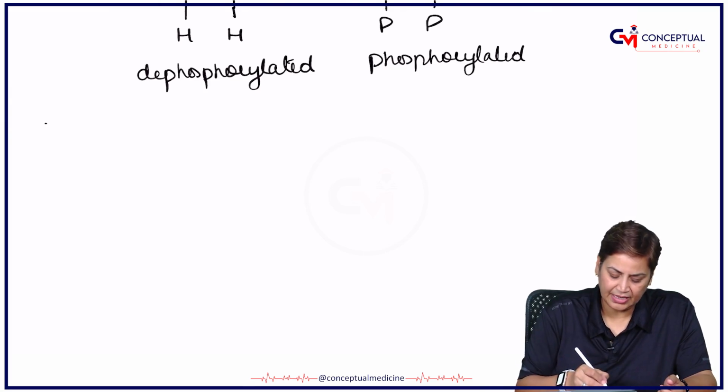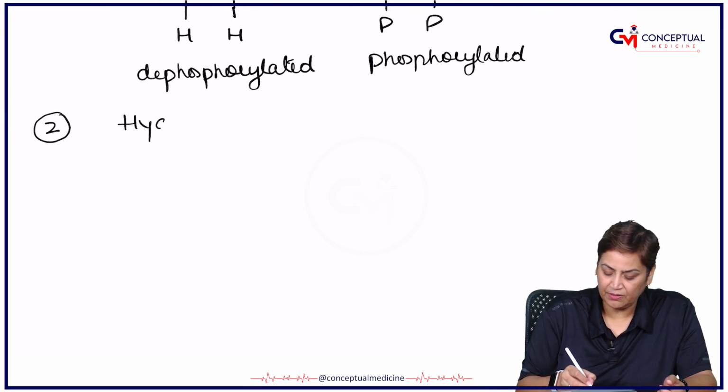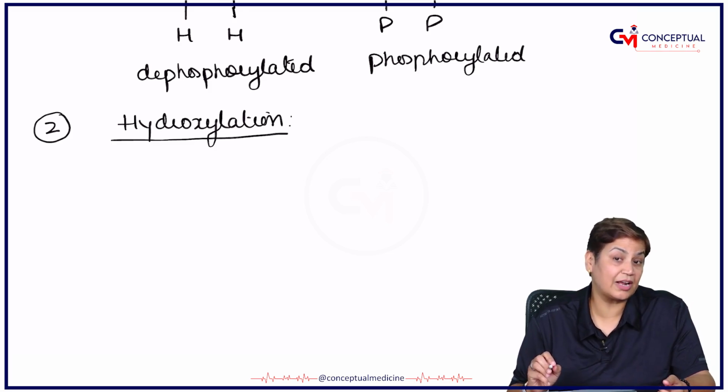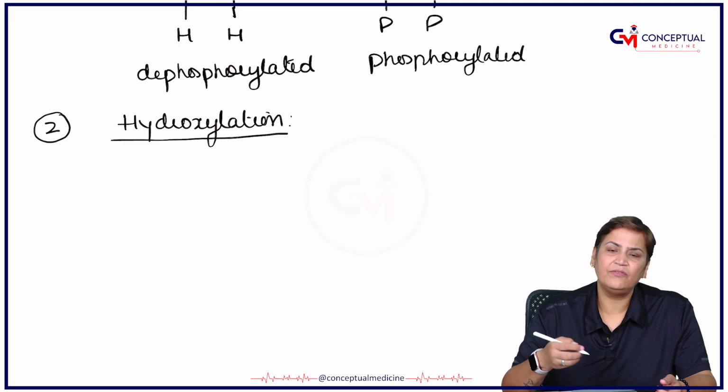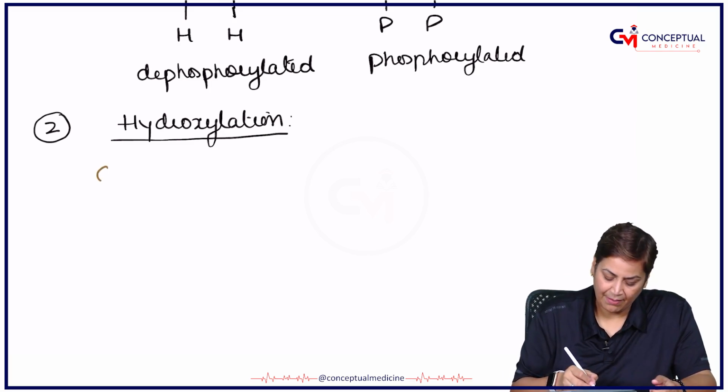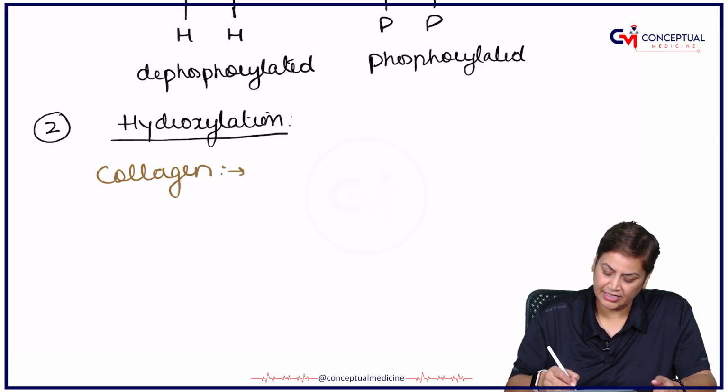The second one, the most important one, is hydroxylation. Hydroxylation is a very important post-translational modification which occurs on the molecule of collagen. We know that collagen, which is synthesized in the body, is the most abundant connective tissue.